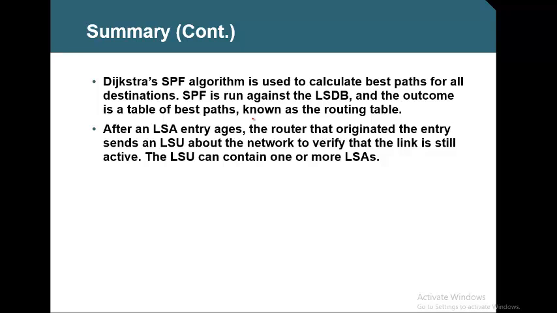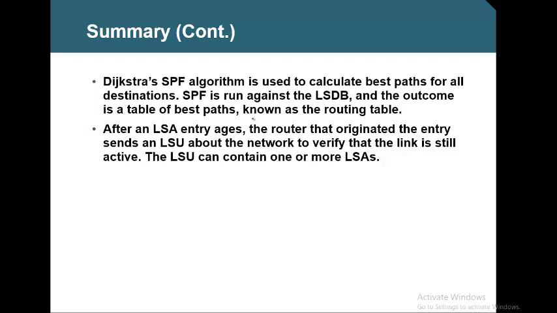So there is an age out time for every link state advertisement. So whenever the age out happens, it will check whether the link is available and then refresh it, resend it. We'll talk about this thing in detail in the coming chapter or the following chapter.